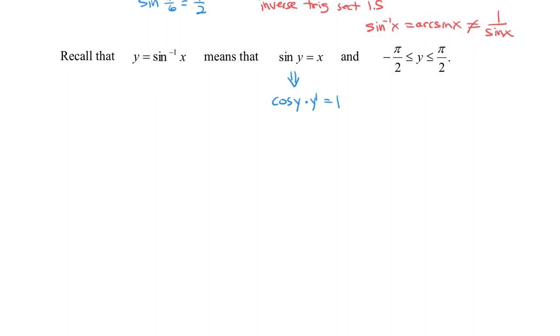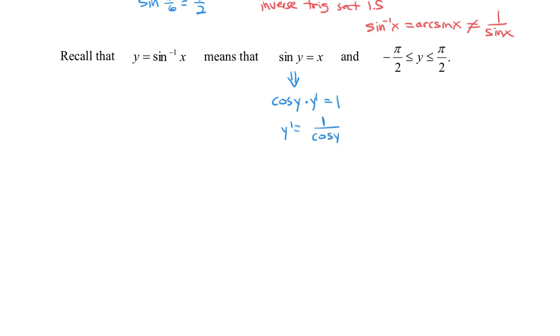That equals 1, right? So cosine of y times y prime equals 1, because I'm differentiating this too. And then if we solve for y prime, we'd get y prime equals 1 over the cosine of y.